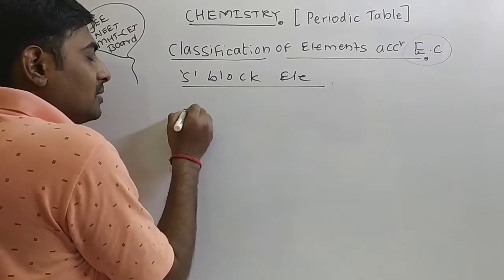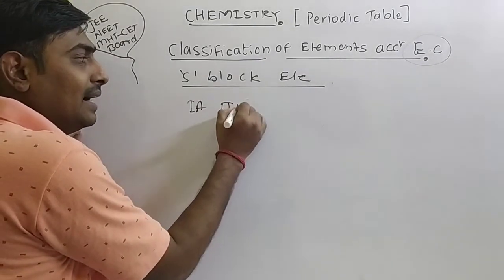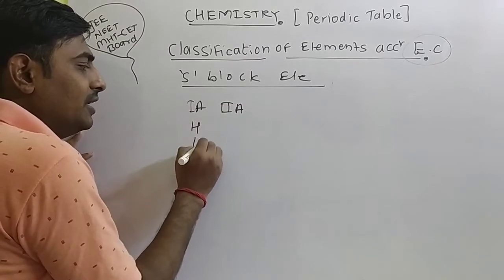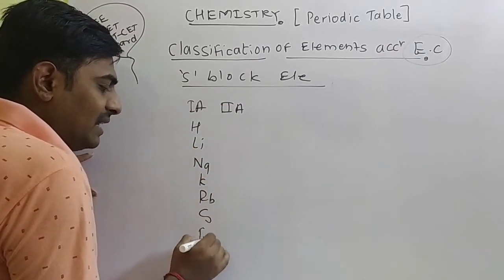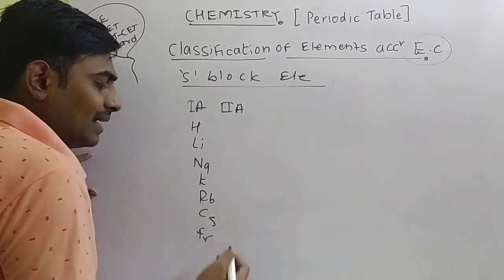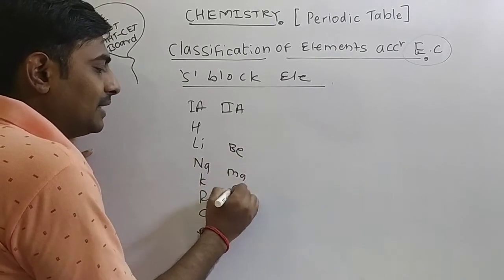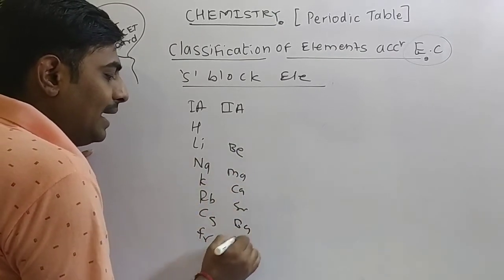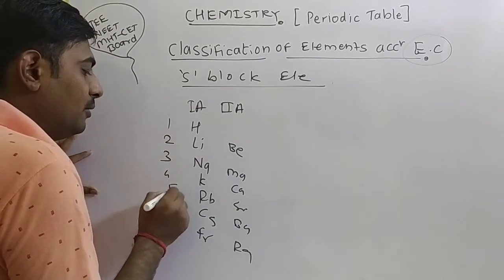The S block contains two vertical groups, first A group and second A group. The first A group starts with hydrogen, lithium, sodium, potassium, rubidium, cesium and francium. The second A group contains beryllium, magnesium, calcium, strontium, barium and radium, with period numbers 1, 2, 3, 4, 5, 6 and 7.